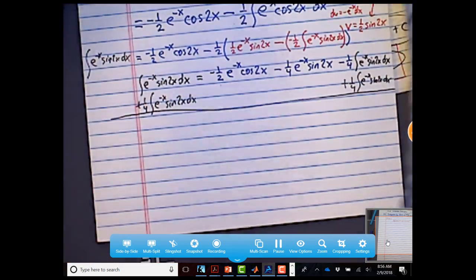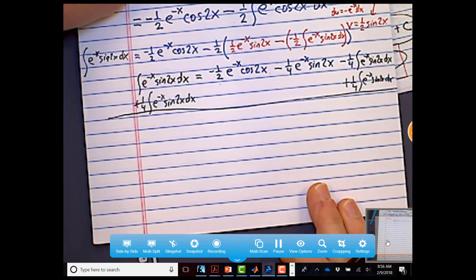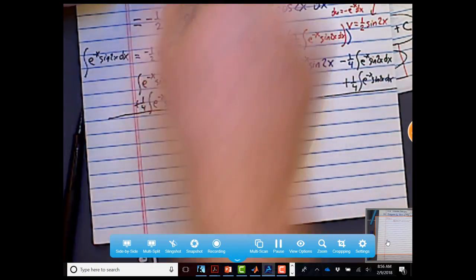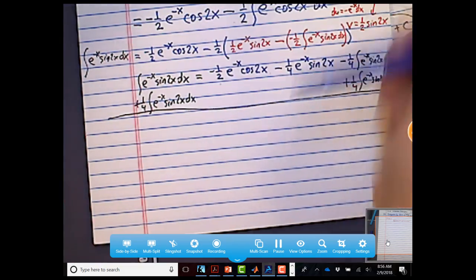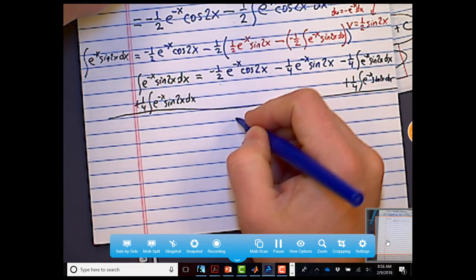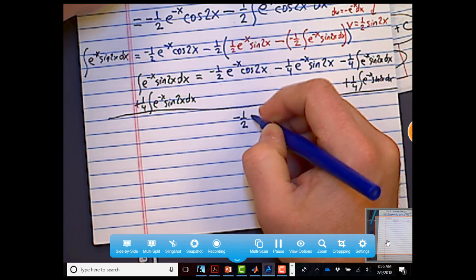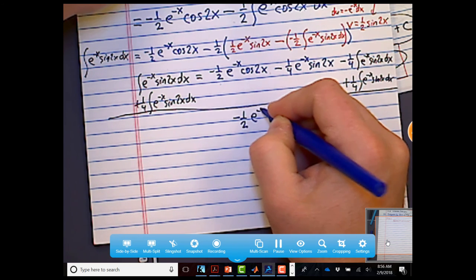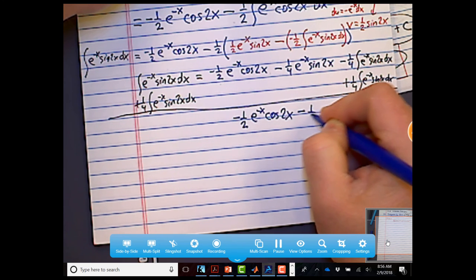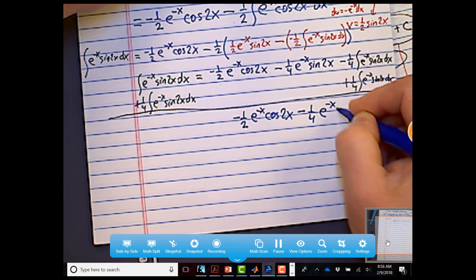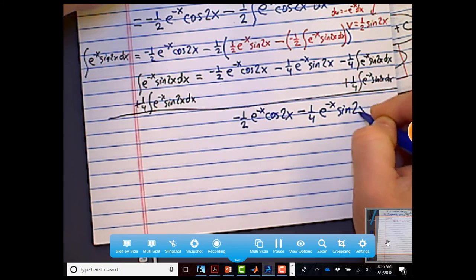Bam. So on the right-hand side, the black is gone. I just have, let's see, negative 1/2 e to the negative x cosine of 2x minus 1/4 e to the negative x sine of 2x. That's what I have on the right.